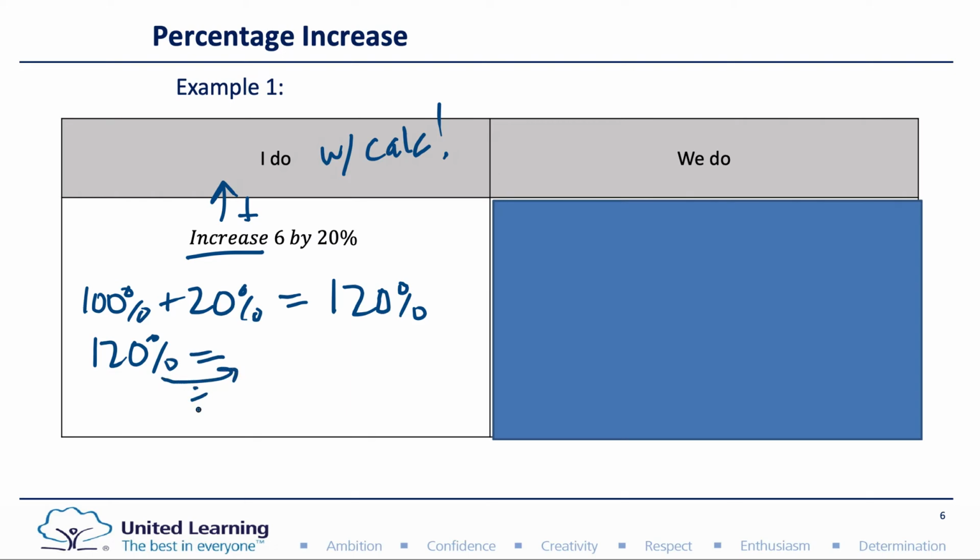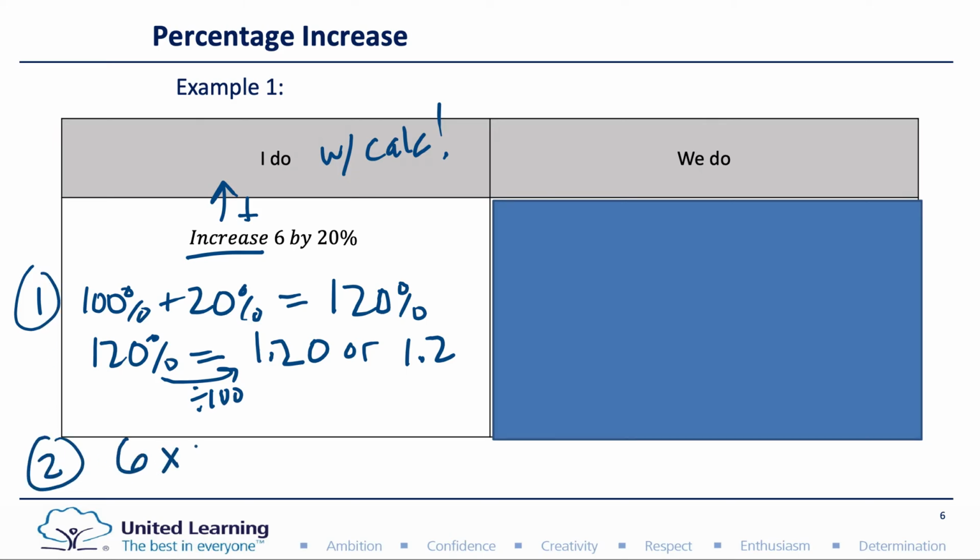Well, you would divide it by 100, since percents are out of 100, to get 1.20 or 1.2. Again, those are equivalent because that trailing 0 has no value. Now all we have to do is take that 6, use our multiplier, so times it by 1.2 or 1.20, and we will now increase it by 20%.